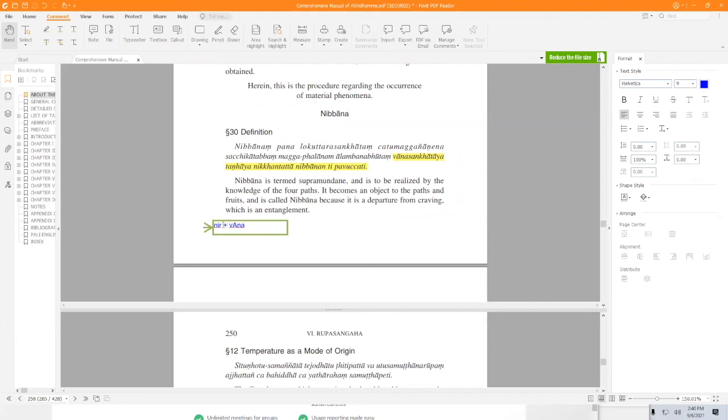And so when you put together the prefix nir with vana to get nirvana, that becomes the rejection of entanglement or the escape from entanglement. And then in Pali, we don't get the combination of R and another consonant. So RV then gets turned into BB. So that's how we get Nibbana.